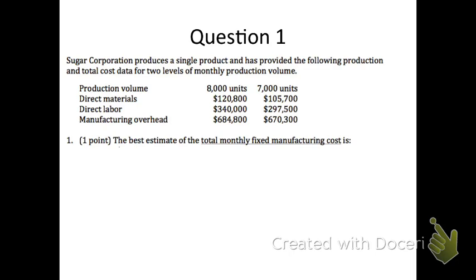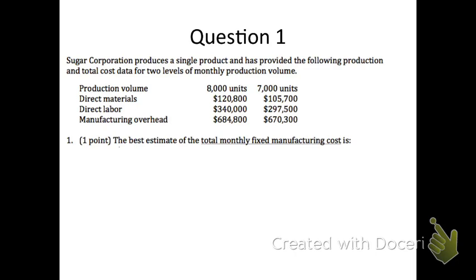So the first question is basically a high-low problem, taking the information we have and determining the fixed and variable portions of a mixed cost. This company has presented 2 different levels of production. In the first question, we want to know the best estimate of total monthly fixed manufacturing cost.